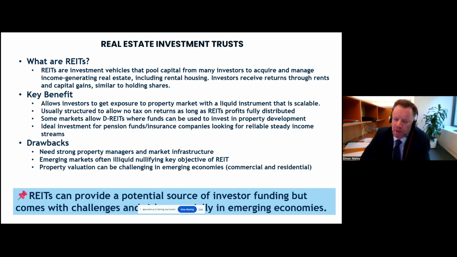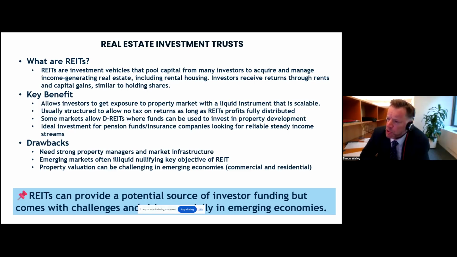So the second one, where again we're working in many countries, from Malaysia, where we did some work recently, Rwanda, Serbia, where we were recently involved, is on real estate investment trusts.